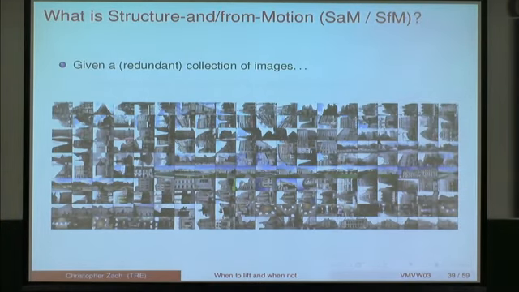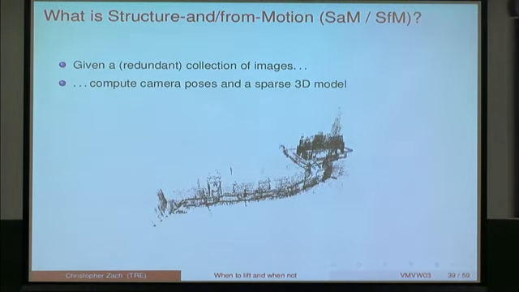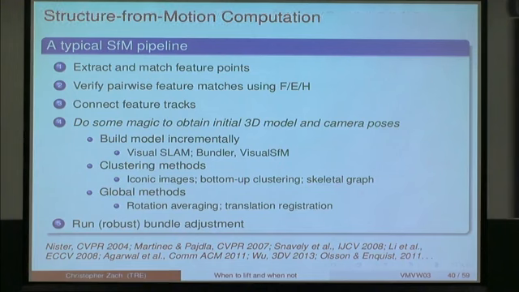So again, back to the motivation. Now we have images and try to come up with a reconstruction like this. This is in general the problem setting, and as I said, in order to get there, that is a delicate process.